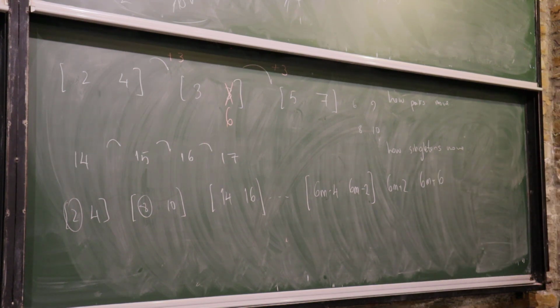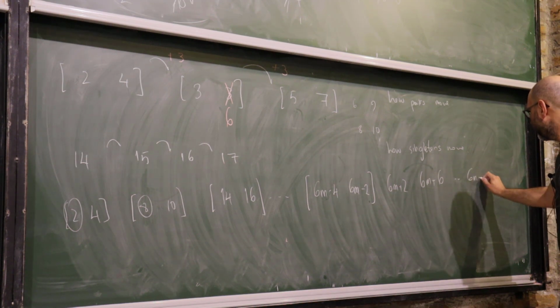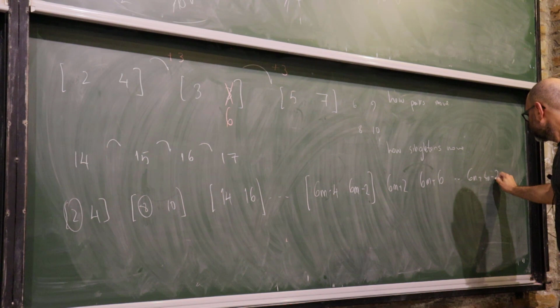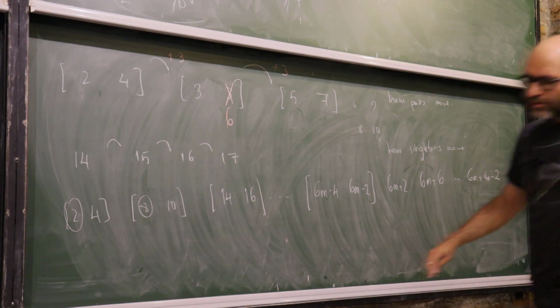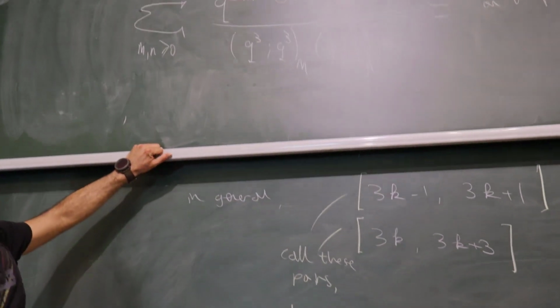Line them up at a safe distance so that you don't create any new pairs. So you want difference 4 between them and write exactly n singletons here. And then if you take the sum of all those numbers, you will get the exponent of q.